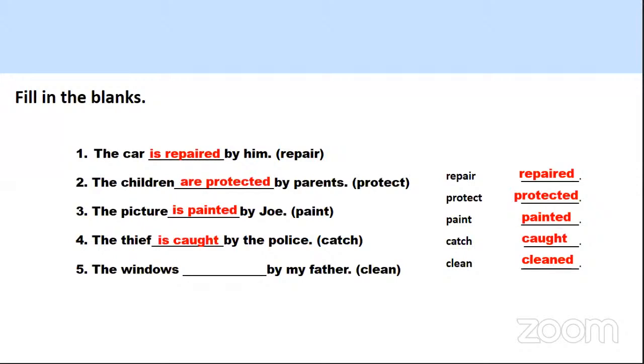Last one, the windows. It is plural. So you have to use are there. Are cleaned. You have completed the activity now.